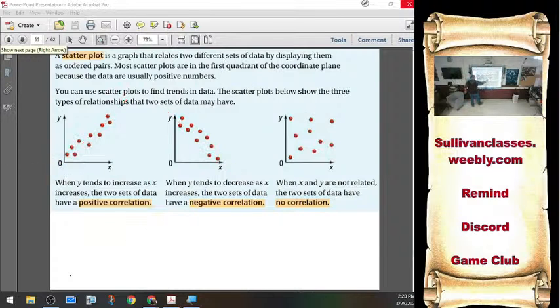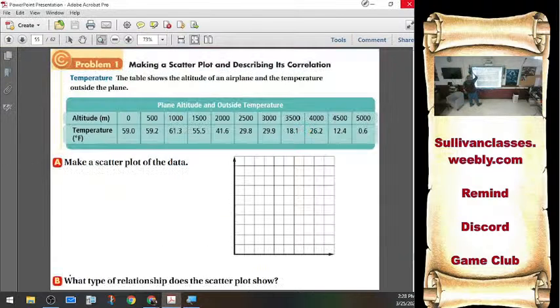So, to make those, first we're just going to say, can you make the scatter plot? Can you tell me what's going on? I need to make an appropriate scale and axis again, all the way back to the beginning of the semester. Can you make an appropriate scale here?